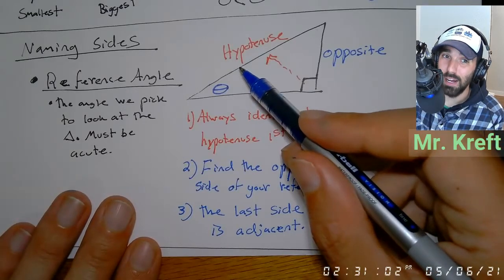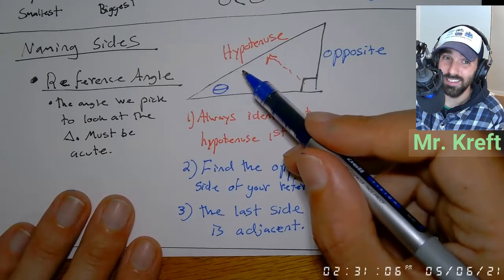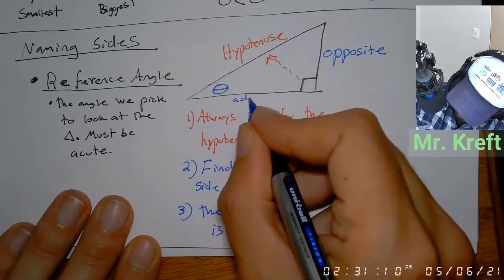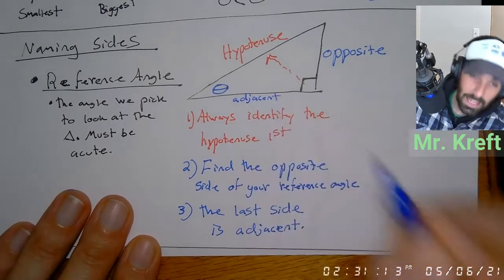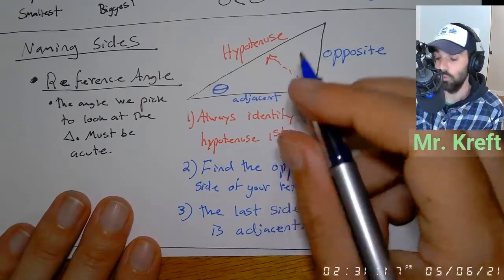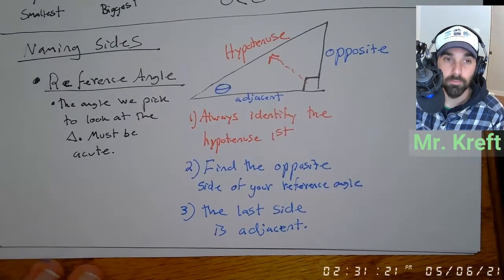So if you don't label your hypotenuse first, you could accidentally call your hypotenuse the adjacent side because it's next to it. So always do your adjacent side last, and then you will avoid that confusion.